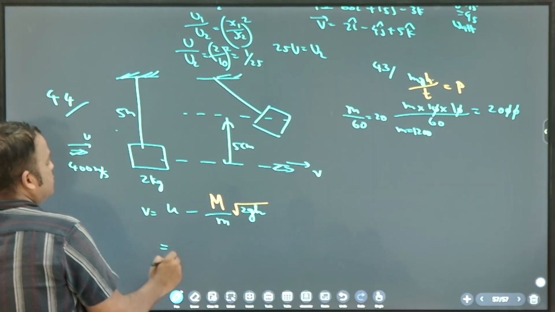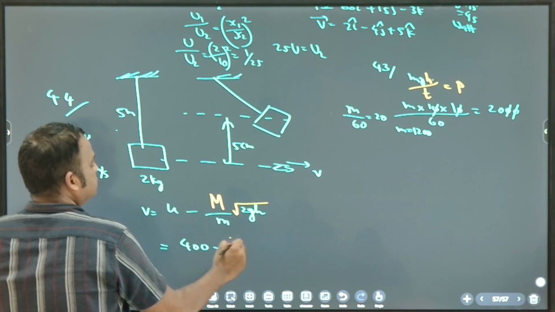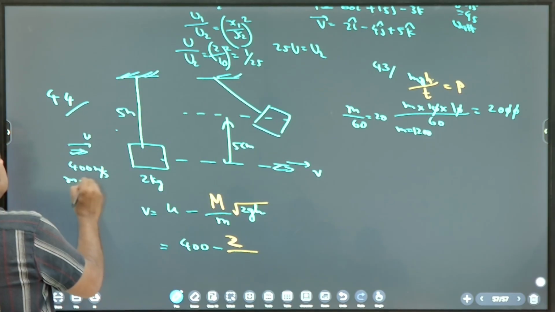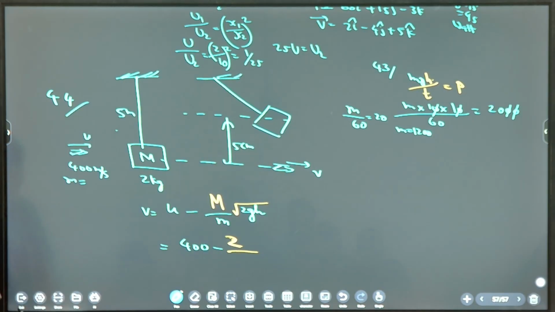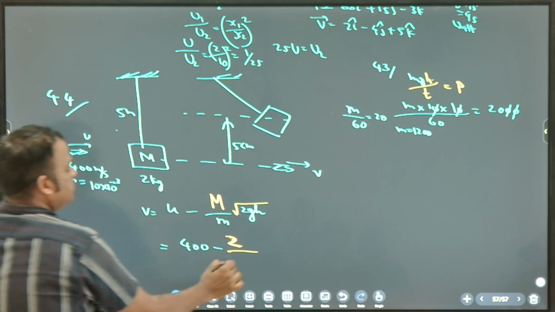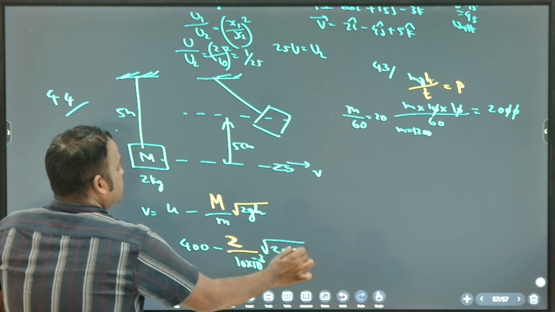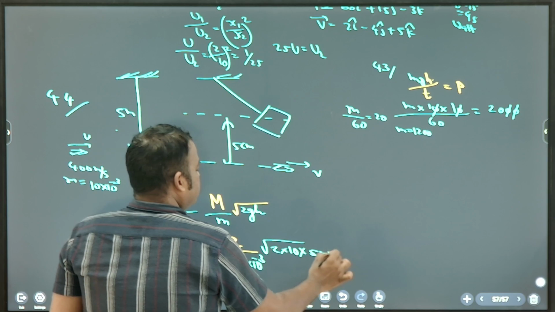So U is 400. 400 minus 2 by m, small m. Now small m is bullet mass, which is 10 gram, 10 into 10 power minus 3, root 2 gh. Convert in meter, 5 into 10 power minus 2.